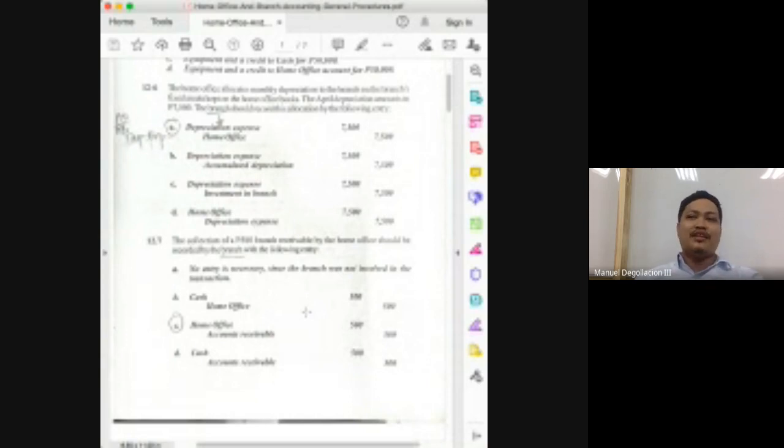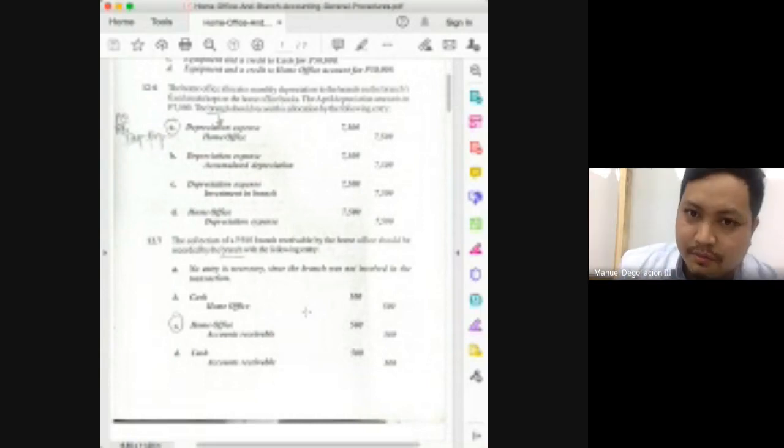So it's not the cash of the branch per se that was reduced, but what was reduced as far as the branch is concerned, class? It's the receivables. Okay, because it was already collected by the home office. Do you think the branch can still collect that amount from the same customer? Not anymore. So the account receivable should be recognized. So our entry here would be debit home office and credit accounts receivable.